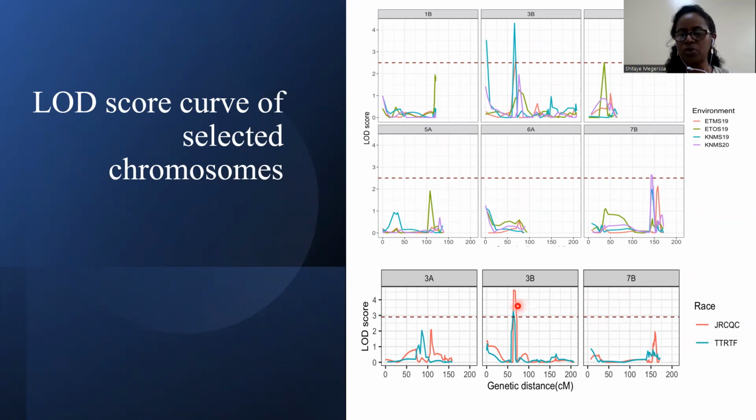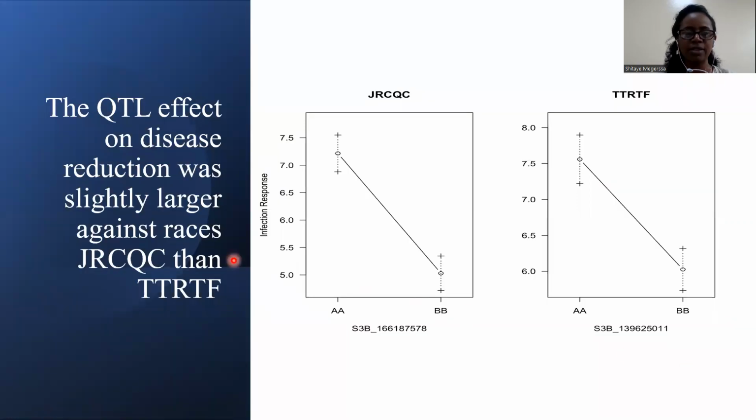For the seedling response, the 3B QTL had a little bit larger effect for response to GRCQZ than TTRTA. This graph indicates the QTL effect on disease reduction, and it looks higher for GRCQZ than TTRTA, but the reduction in disease response was not very high.